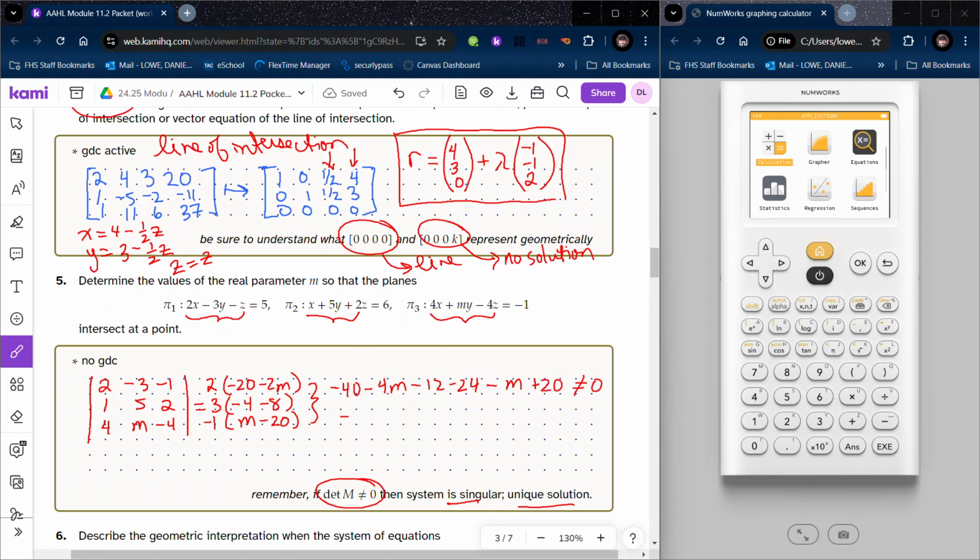So if I count up my m's, -5m. If I count up my constants, I have -40 and positive 20, so that's going to be -20, -12 and -24, that's going to be -36, so that can't be 0. So therefore 5m cannot be -56.